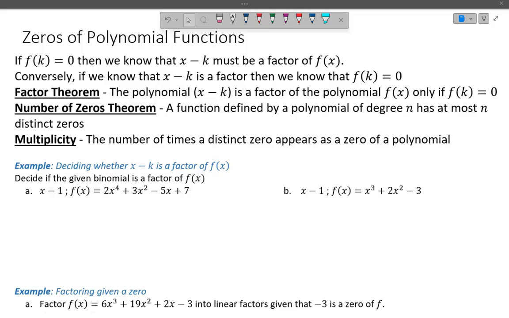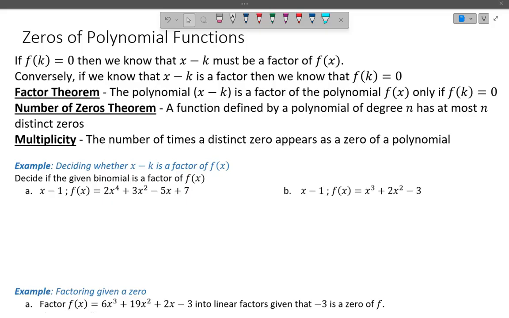So for example, x squared has a zero of x equals 0, and that's the only zero, because that's the only place that it intercepts the x-axis. But it has that zero twice. So we will always have a number of zeros equal to the degree of the polynomial. We just may have some that repeat, and we call that a multiplicity.